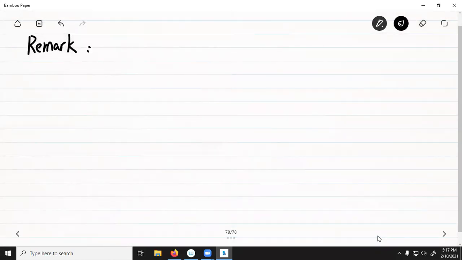This is the remark. Remark says we have a given sequence c sub n.